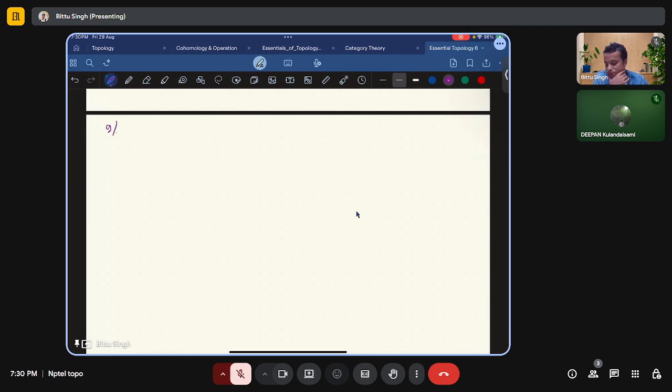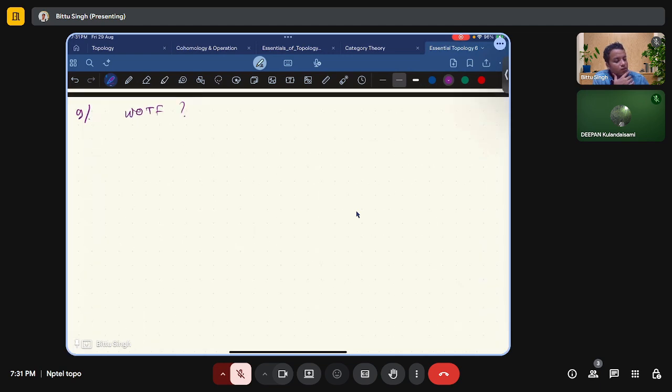Question number 9. Which of the following are correct? Option A, R is homeomorphic to S1. Option B, S1 means the unit circle.